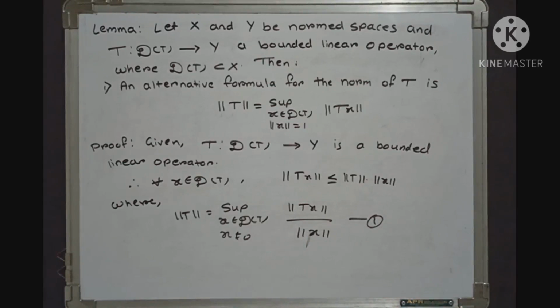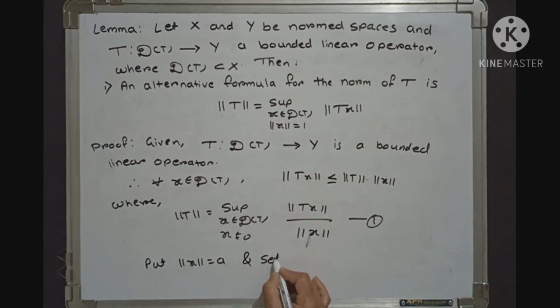Now we put the norm of x equal to a. As we know that the norm is a real valued function, when we take the norm of x it is a real number, and therefore here we put the norm of x equal to a and set y equal to 1 by a times x.